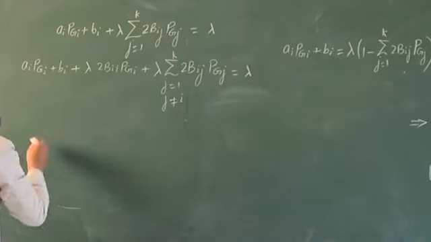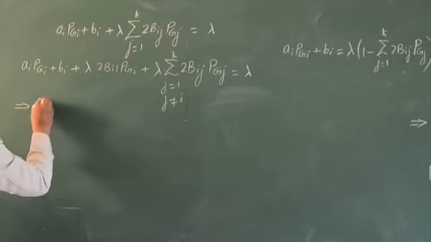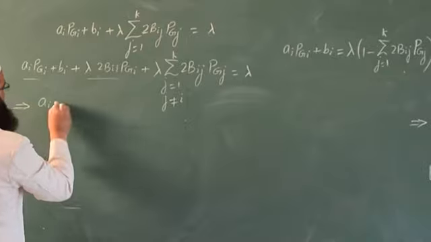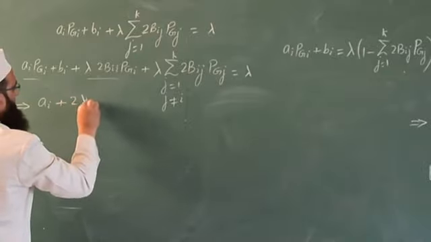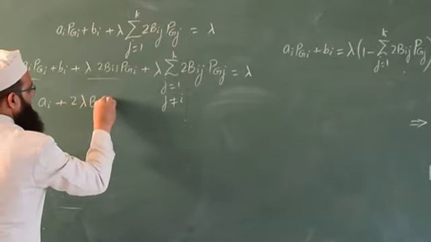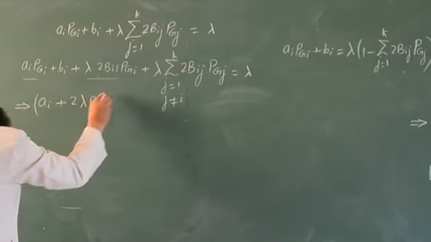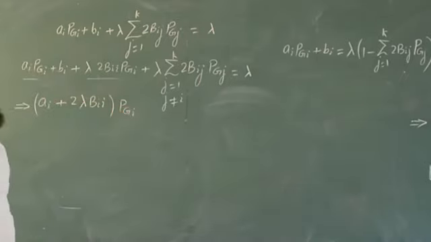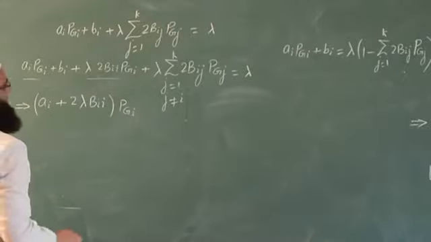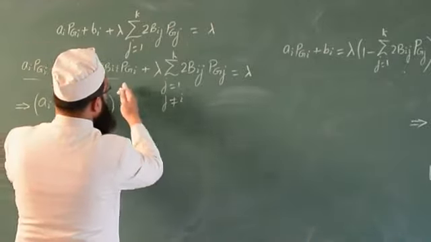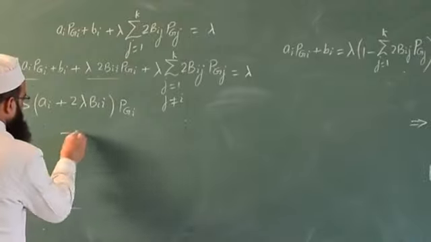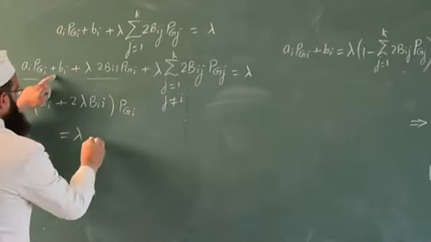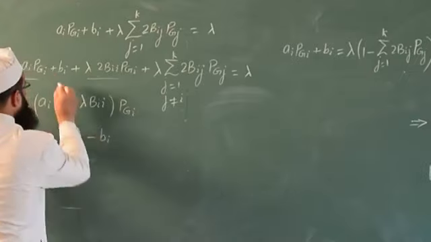Take PGi together. This implies Ai, we have taken this, plus 2 lambda Bii times PGi. We have taken these two terms; set the other terms independent of PGi on the right hand side, is equal to lambda minus Bi, this term.